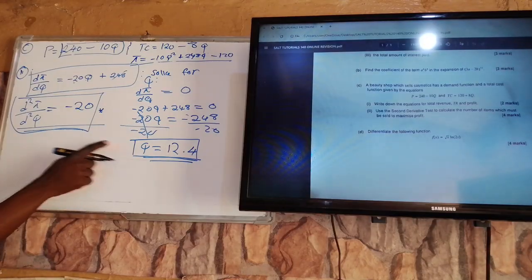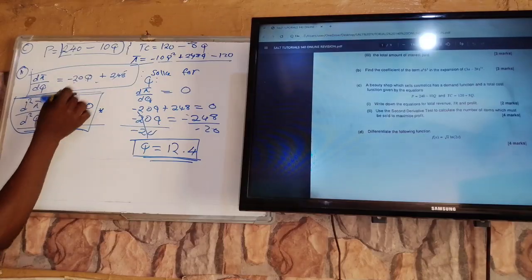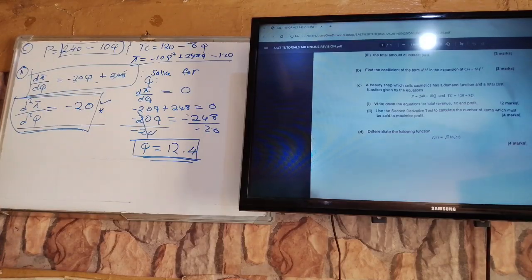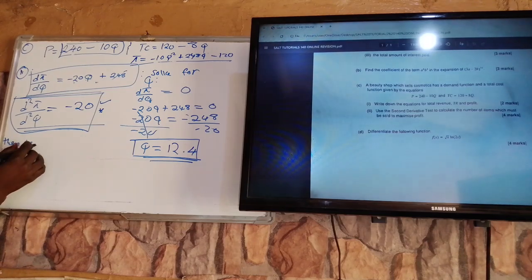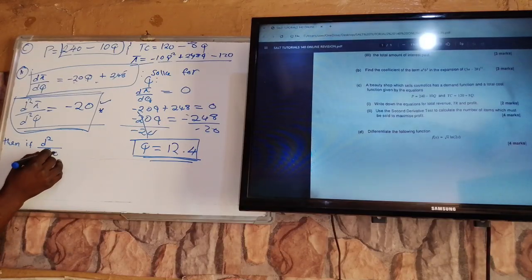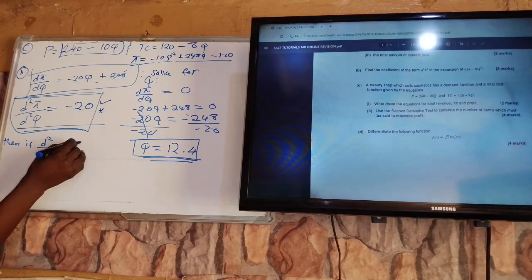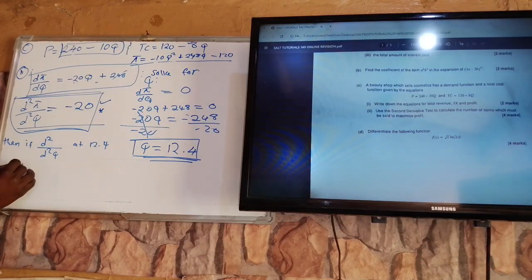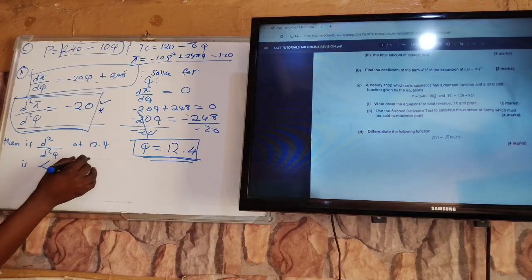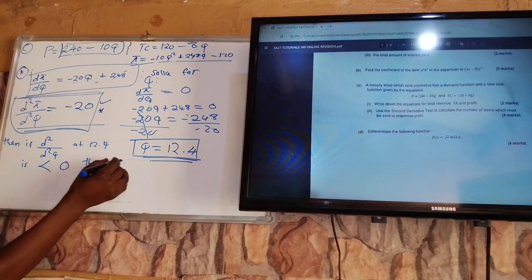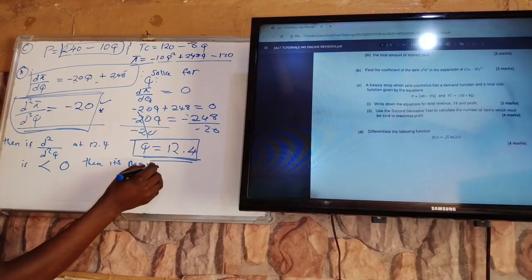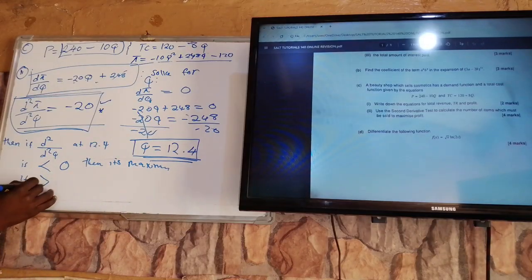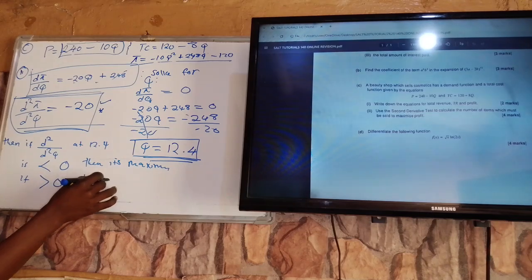So if this is the second derivative of this function, after differentiating it twice, then if d²π/dq² at 12.4 is less than 0, it's a maximum. But if it's greater than 0, then it's a minimum.